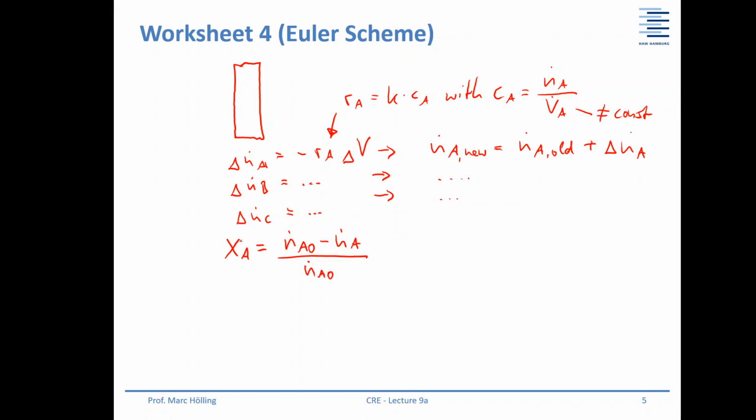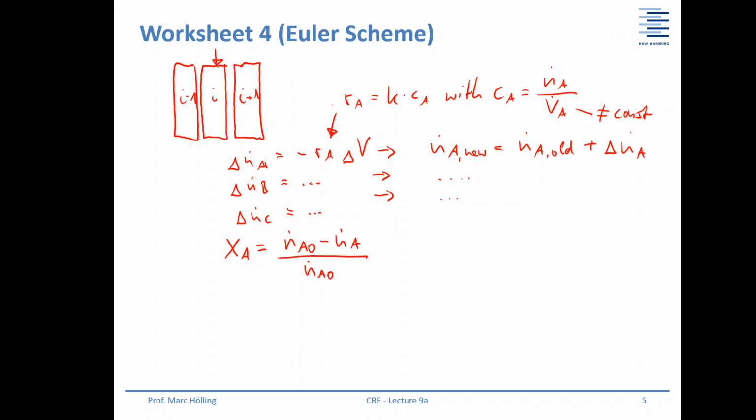So you can calculate this for every slice of your reactor. So again, you have a slice here, maybe this is i, this is i plus 1, this is i minus 1, and so on.